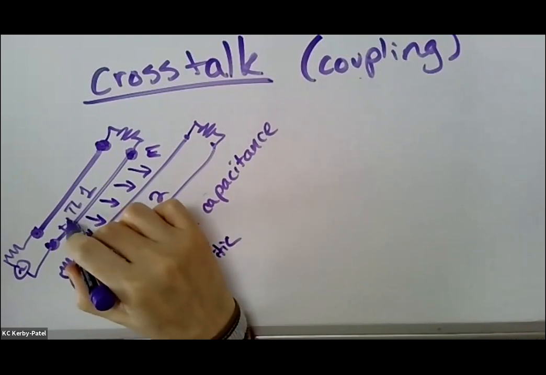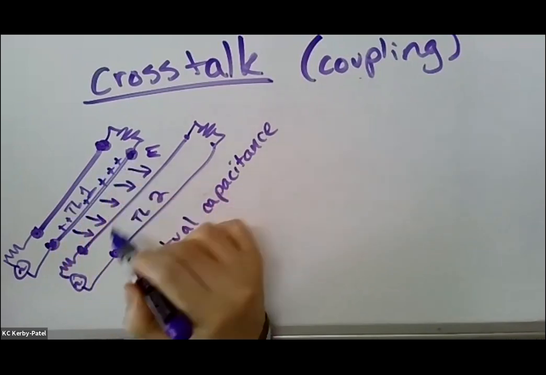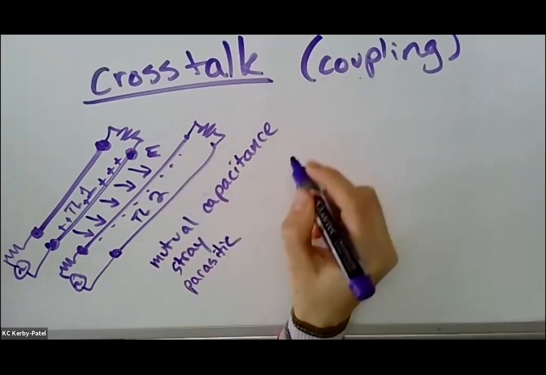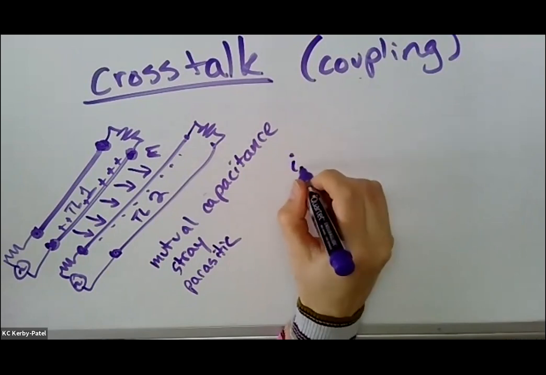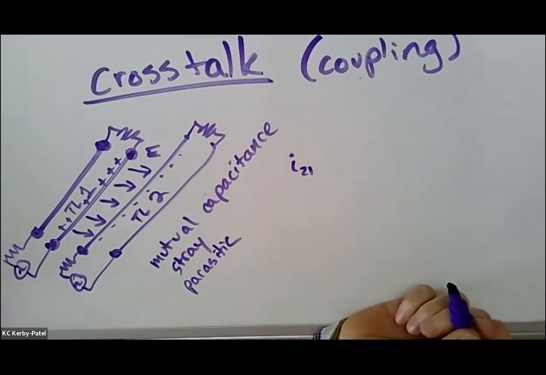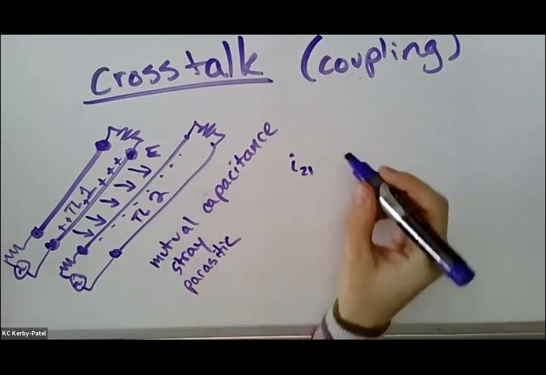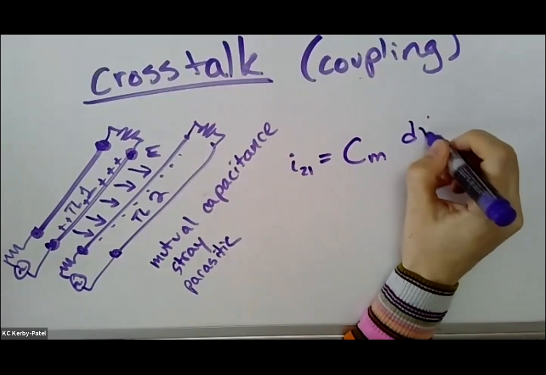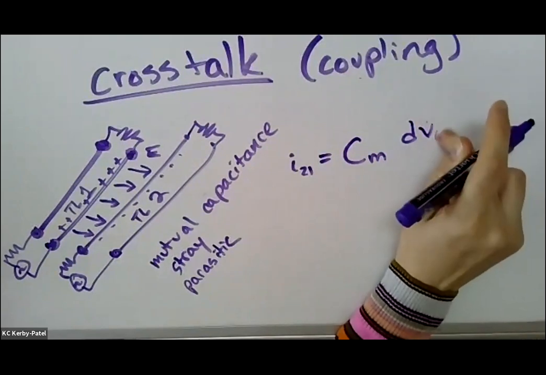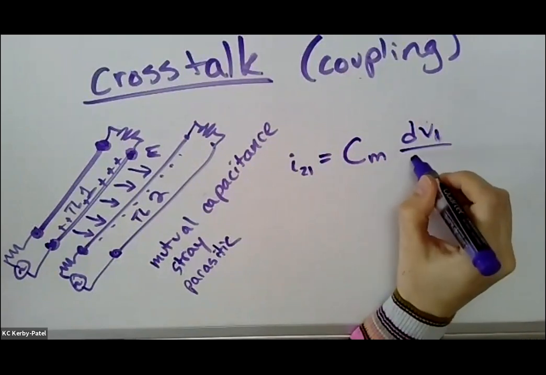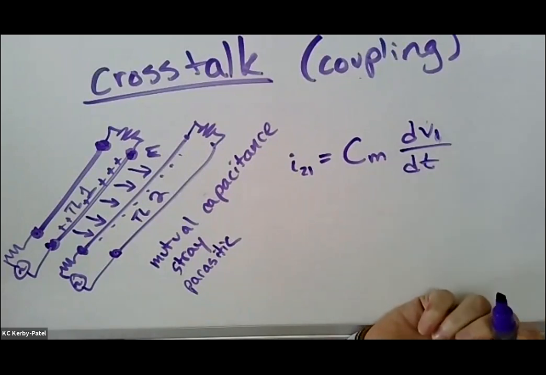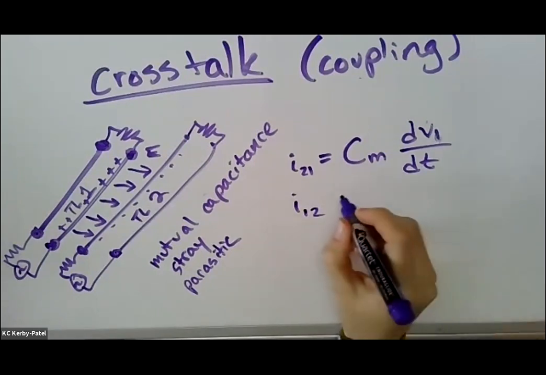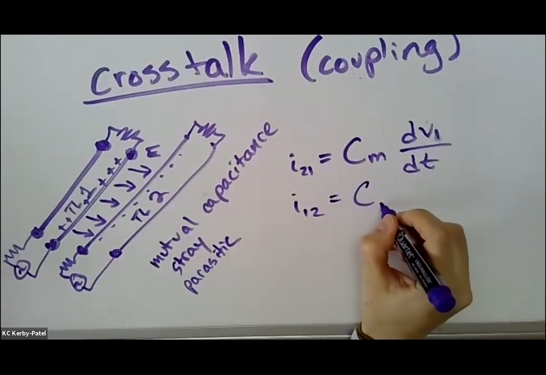And so you'll have charges that build up down here and opposing charges over here. And then you can say that there's a current induced on transmission line number 2, which is equal to that mutual capacitance times the time derivative of the voltage on line 1. And these things are symmetric. So you can also have a current on circuit 1 due to a voltage on circuit 2.